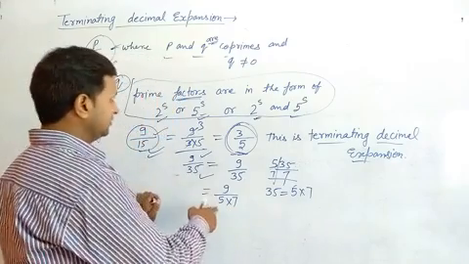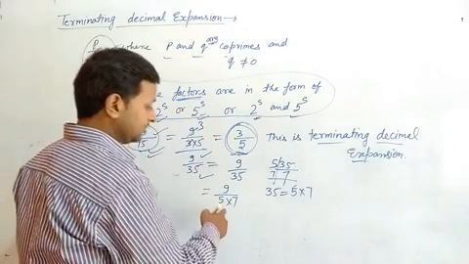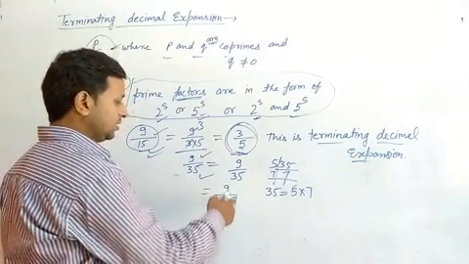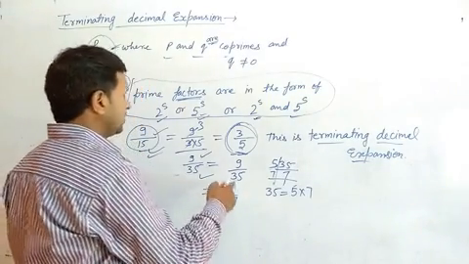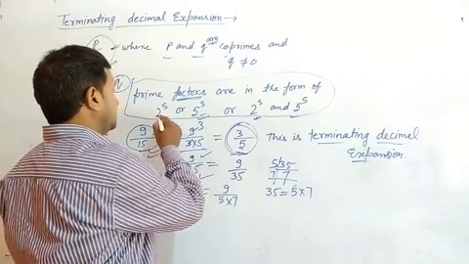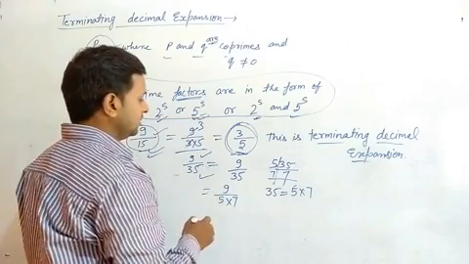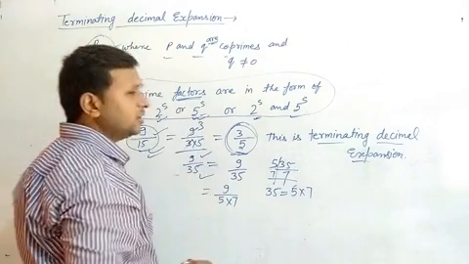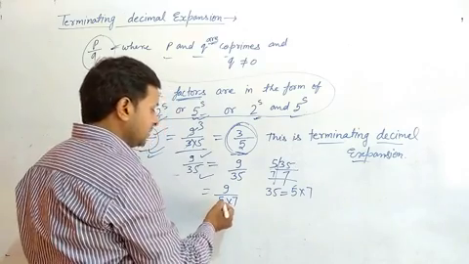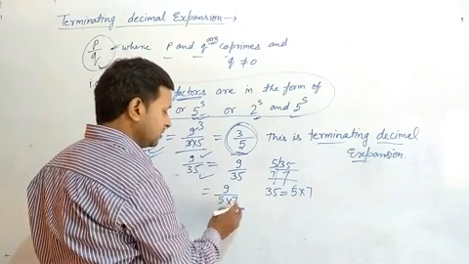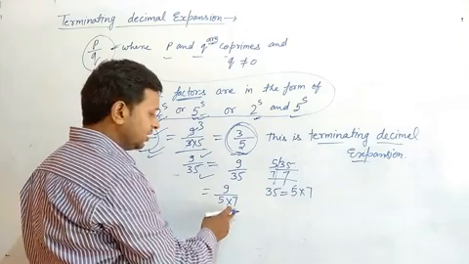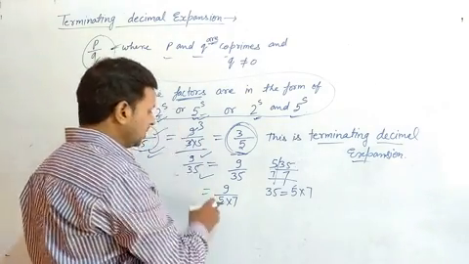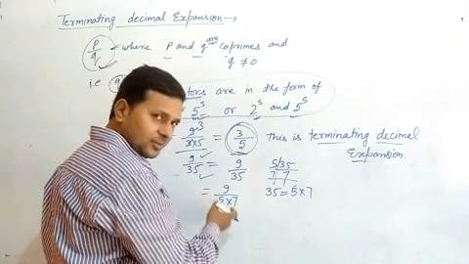We get here 5. This is a 5 term, but no other term should come than 2's or 5's. Then it should be terminating decimal. But here 7 is appeared here.